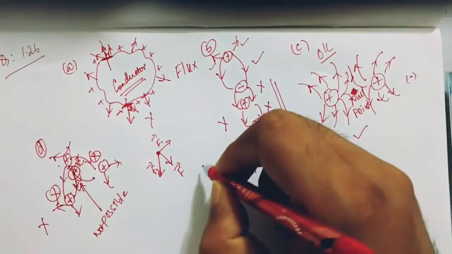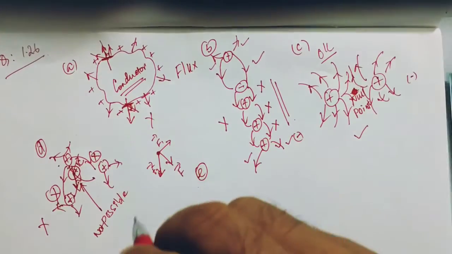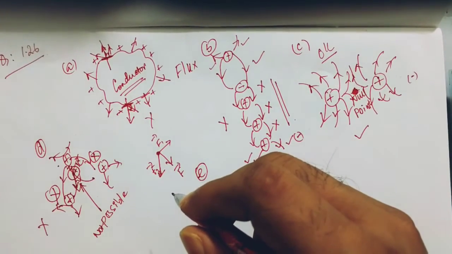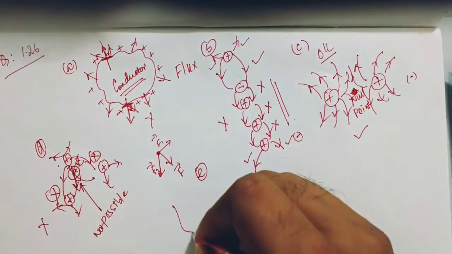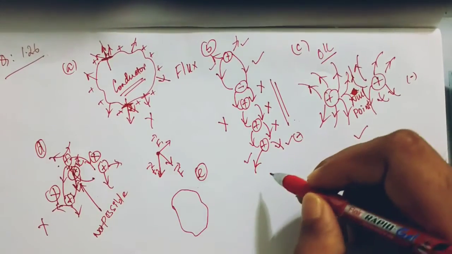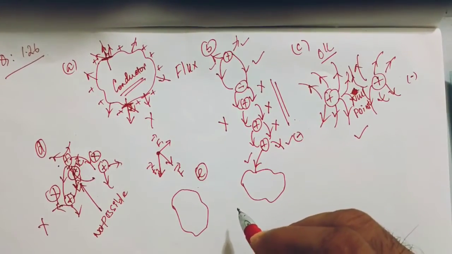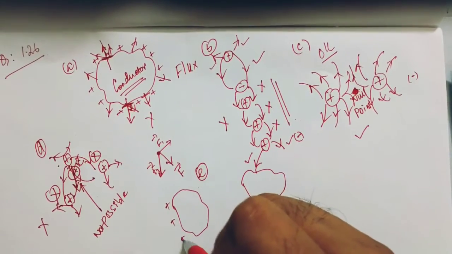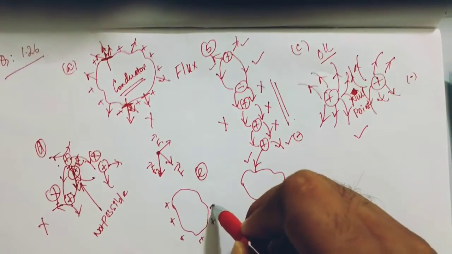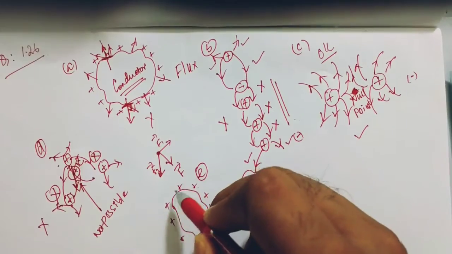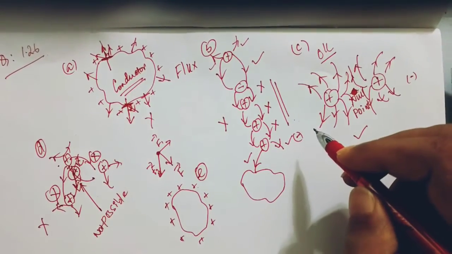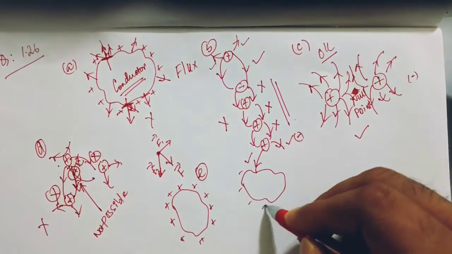Okay, now another picture they have given. There are two conductors, an uneven conductor surface like this, and another conductor surface like this. This is positive charge, this is positive charge, this is also positive charge, and this one is negative, right.